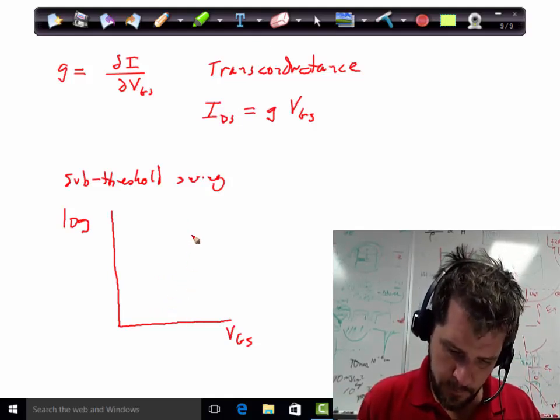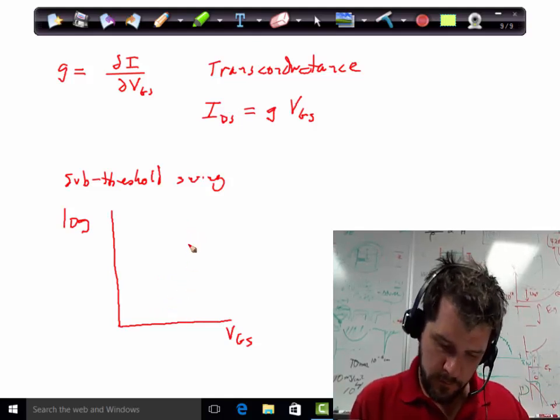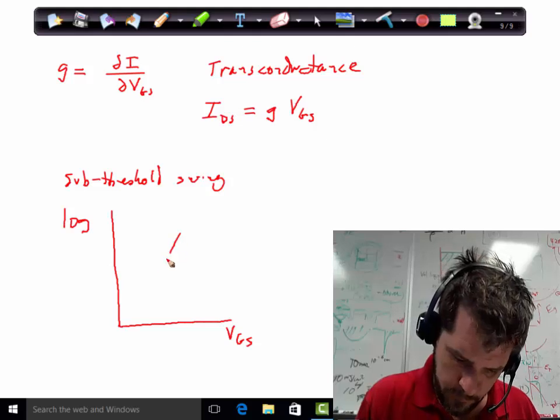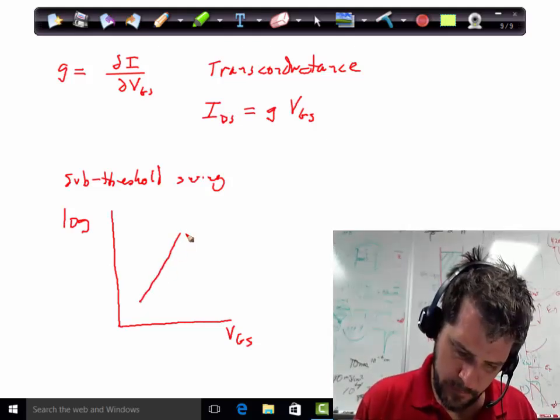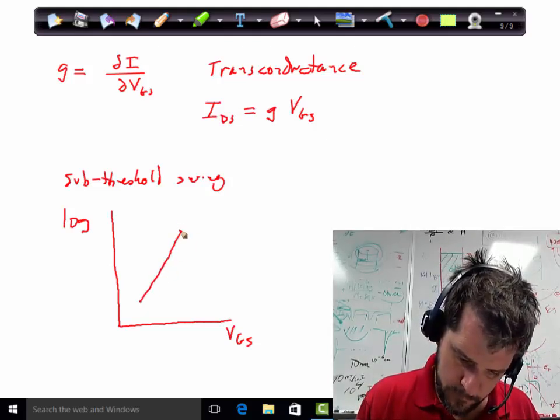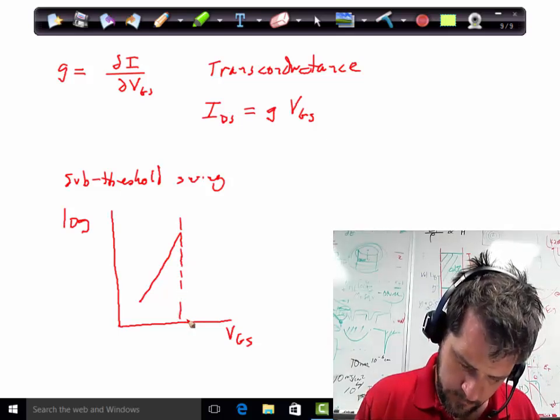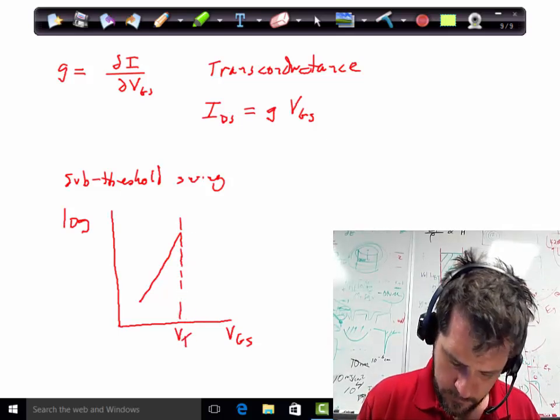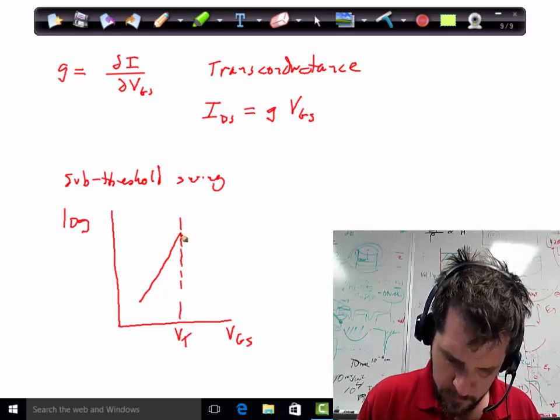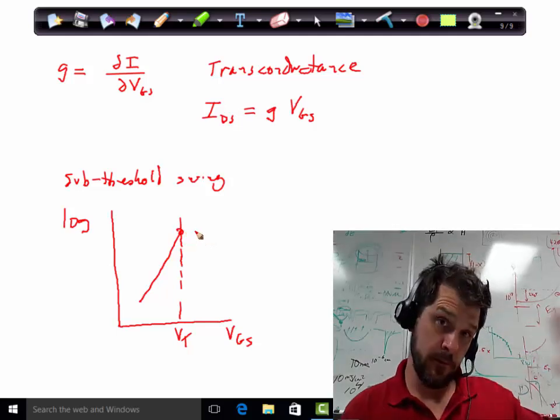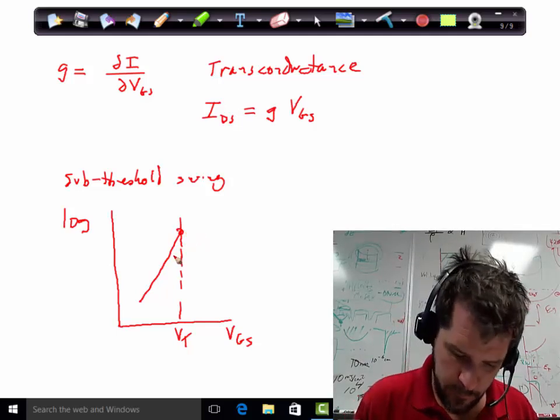Now if we look at the region below V threshold, we'll have some region where this is linear. So let's just draw VT here, and just note that we're sort of to the left of the region we discussed before.